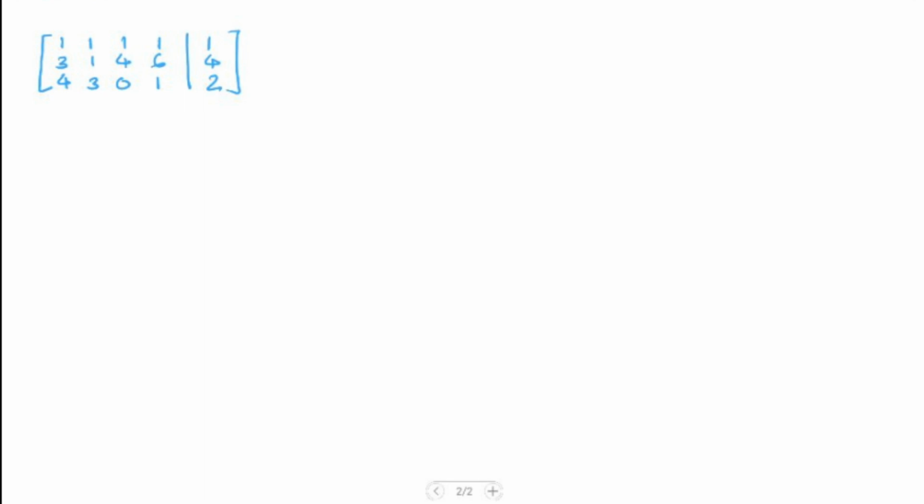So first, let us multiply -3 to row 1, and that will give us the matrix here, which is -3, -3, -3, and -3 here, and also -3 here.